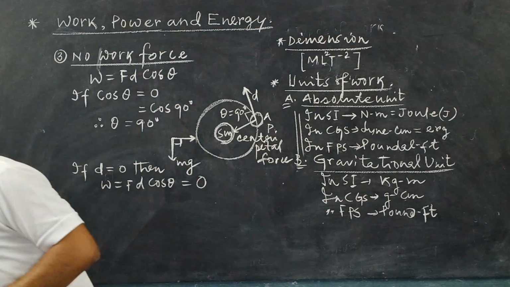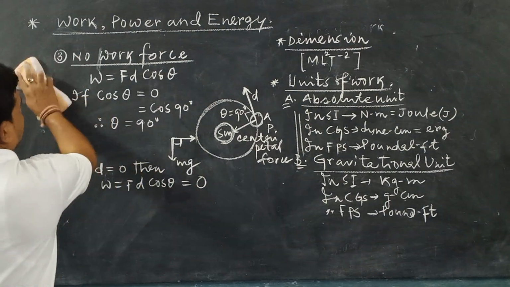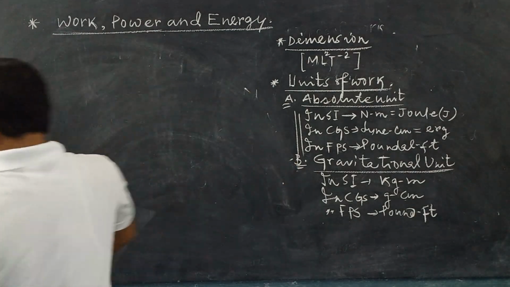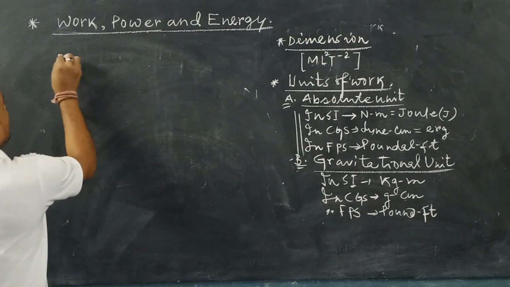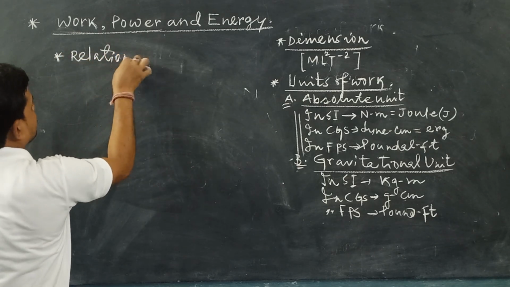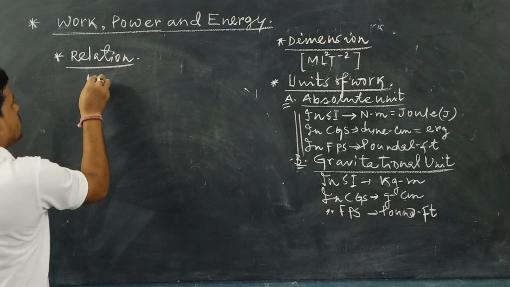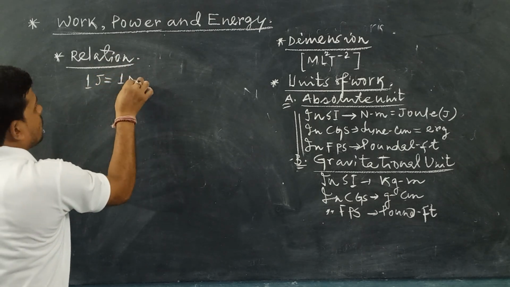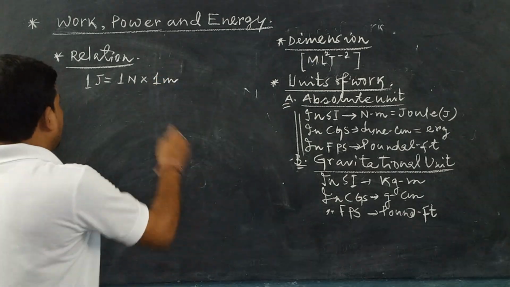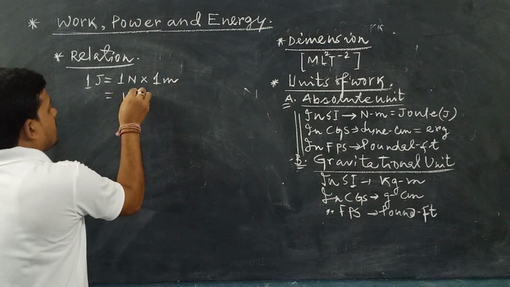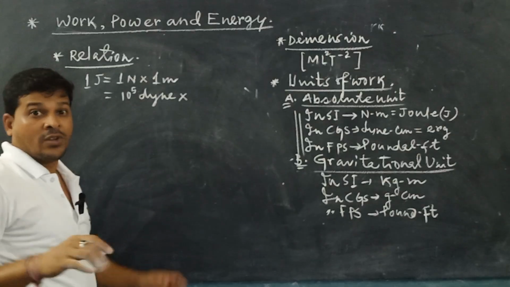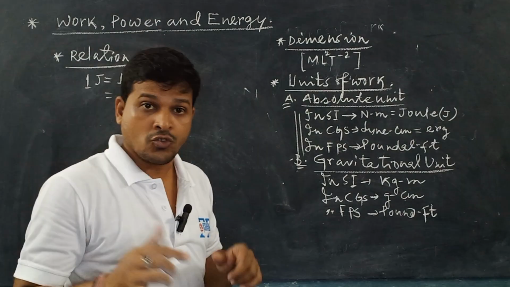1 joule is equal to 10 to the power 7 erg. Now we learn this: what is the relation between them? 1 joule is equal to 1 newton into 1 meter. 1 newton equals 10 to the power 5 dyne, we learned in the previous video on force and motion.